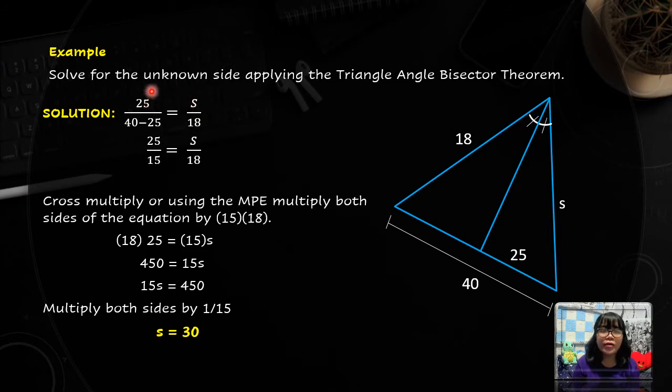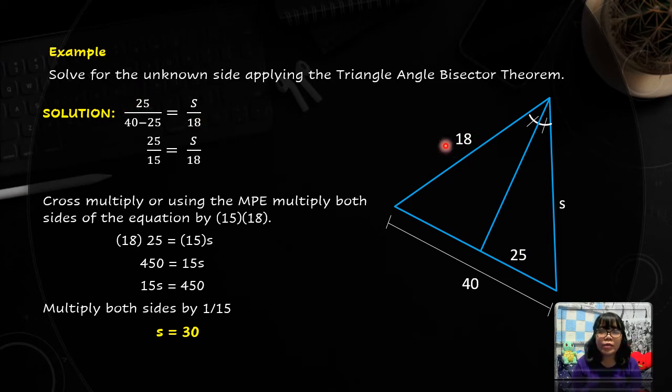Now this is the solution. Applying the triangle angle bisector theorem, we have here 25 divided by 40 minus 25. Remember, 25 here is the measurement of the first segment, and 40 minus 25 here is the second segment. These two segments are proportional to the other two sides of our triangle. So the ratio of the other two sides will be S divided by 18. S is in the numerator since it is on the same side as the 25, and 25 is the numerator on the left side of the equation.